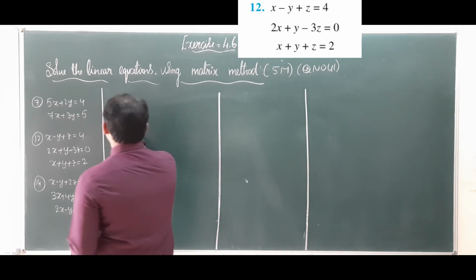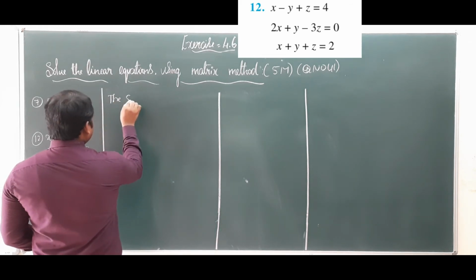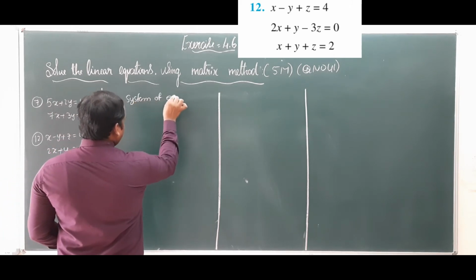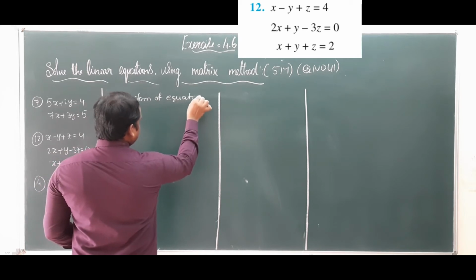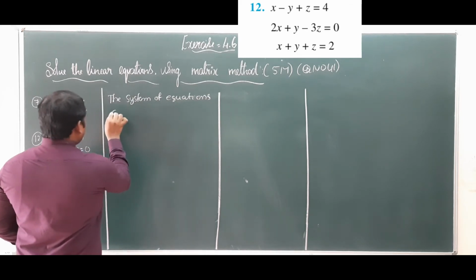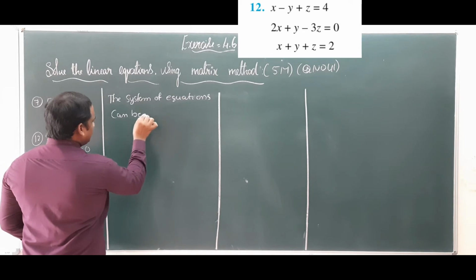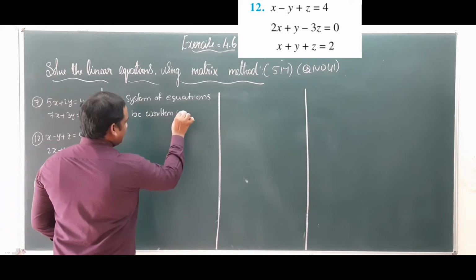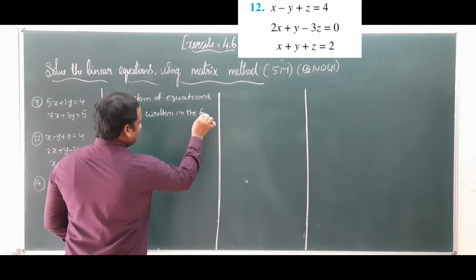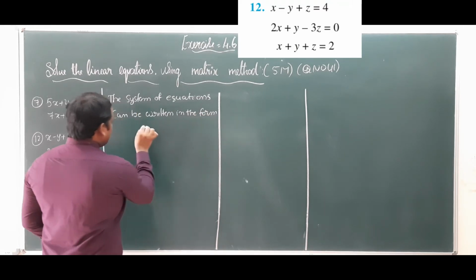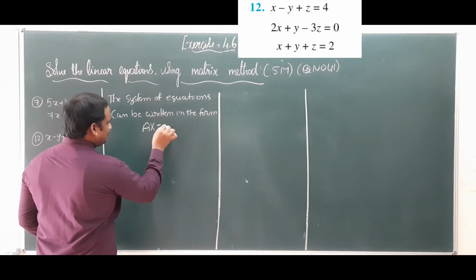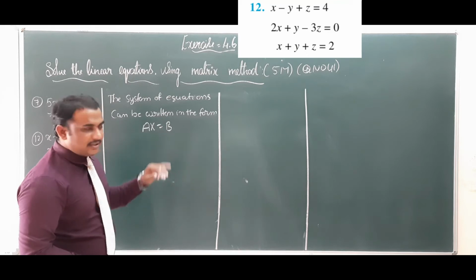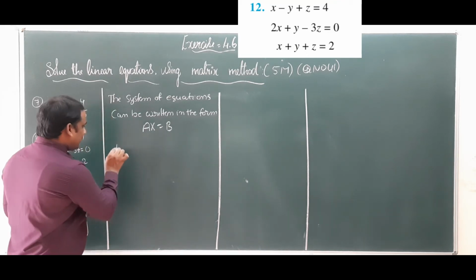First, what you write here? The system of equations can be written in the form AX equal to B. A, X, B are the matrices. What is the A matrix here?